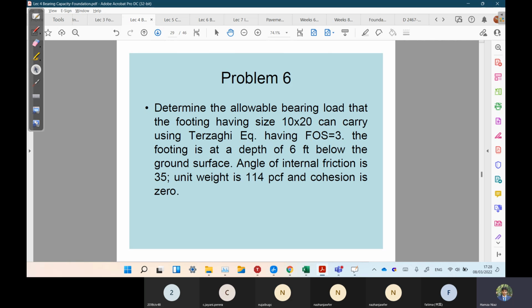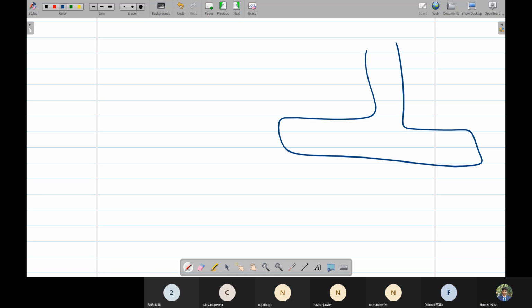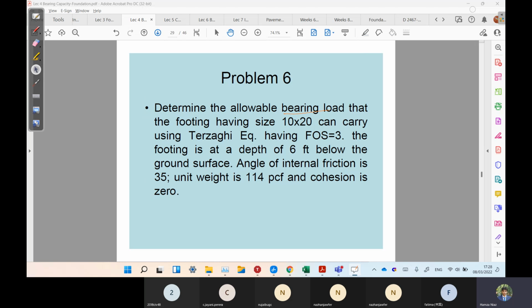Alright, so this one is a bit different. They're saying we have to find the load carrying capacity of this footing. So for example, this footing is given, and its dimensions are 10 and 20. Simply use the smaller value for B. B is equal to 10, L is equal to 20. So the smaller one is the width of footing.